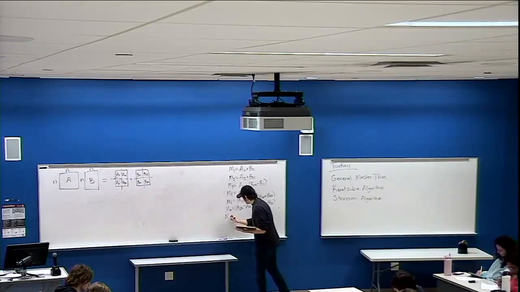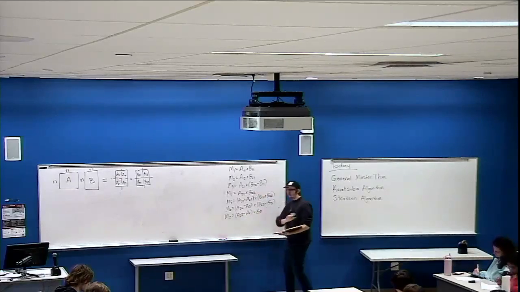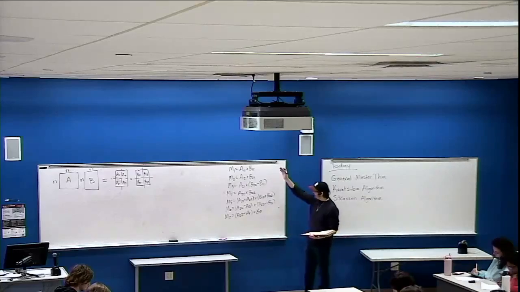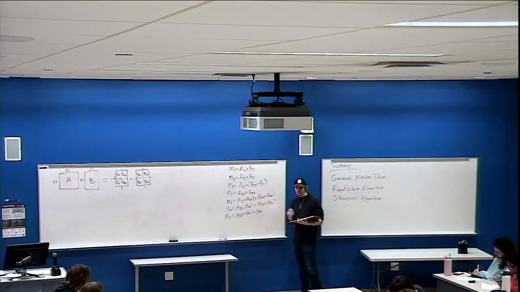And M7 is equal to A22 minus A11 times B12. Okay, cool. So, a little bit more numerically involved, but we now have these things. And how many multiplications are done here? Only 7. There's only 7 matrix multiplications actually done here. We have some additional subtractions and stuff. Each one of these will be n squared, but only n squared, and there will only be a constant number of them.